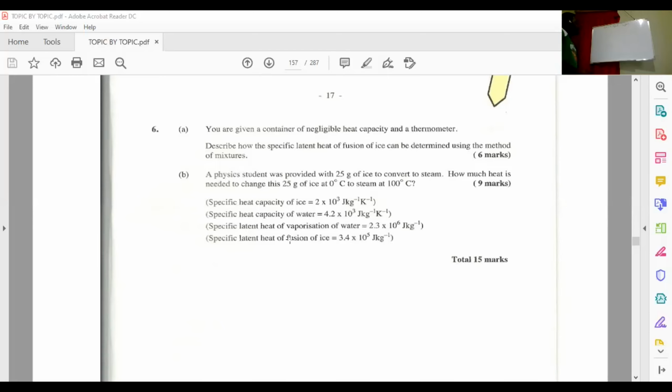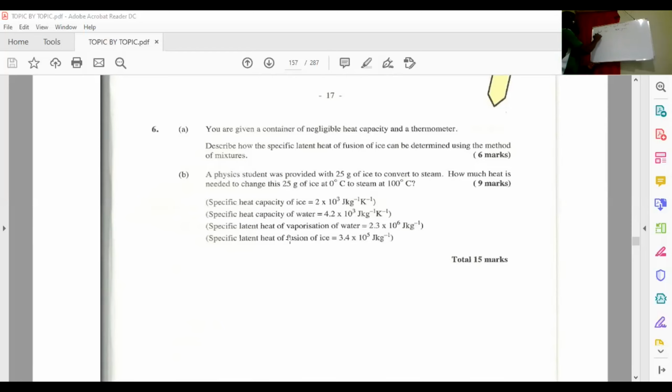So in this case, we have heat lost equals heat gained, which is always an assumption. The first thing is that the temperature of the ice will change, so we have a change in temperature of the ice before it starts to melt.